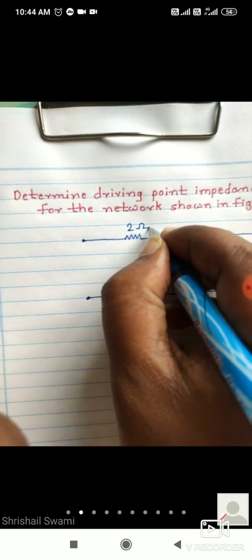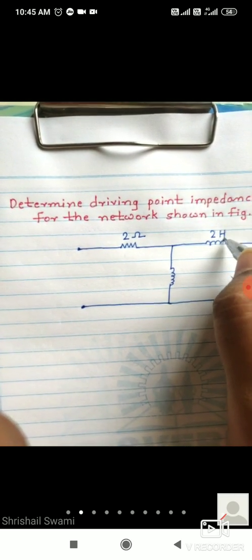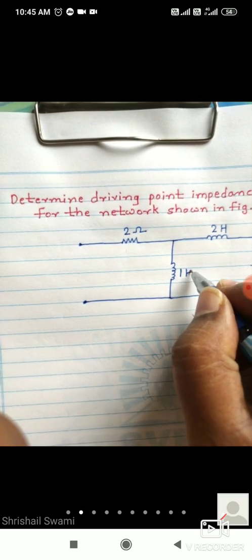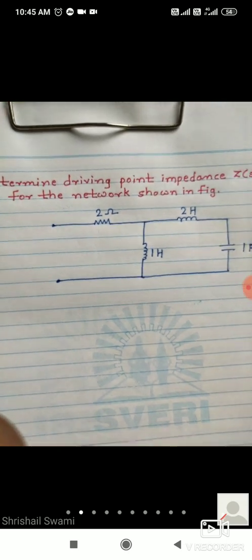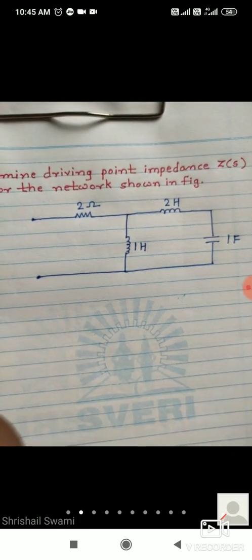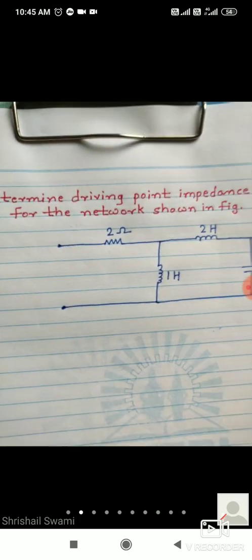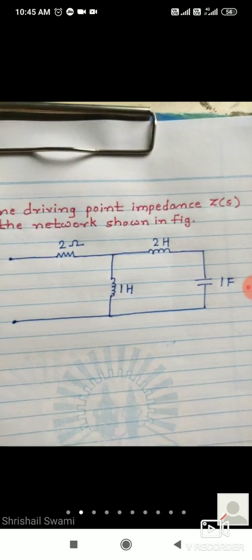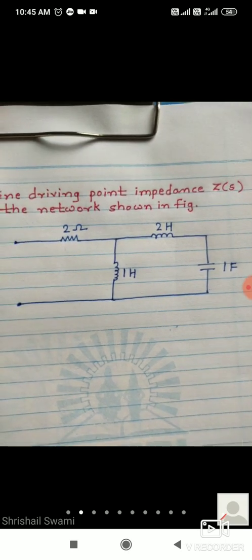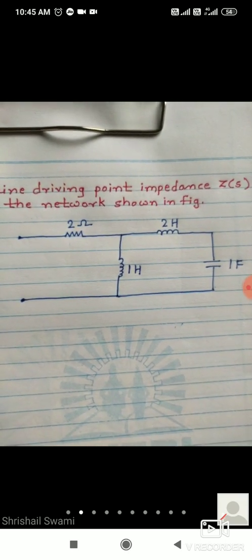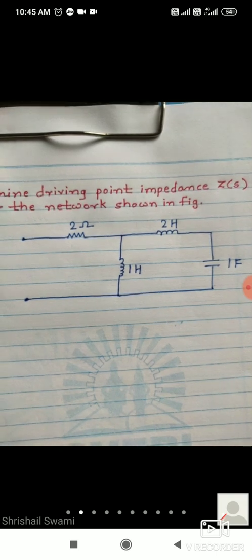This is 2 ohm, this is a 2 Henry inductor, this is a 1 Henry inductor, and this capacitor is 1 farad. So this much is given in the question, and they are asking to determine the driving point impedance Z of S. They do not ask for Z11 or Z22.